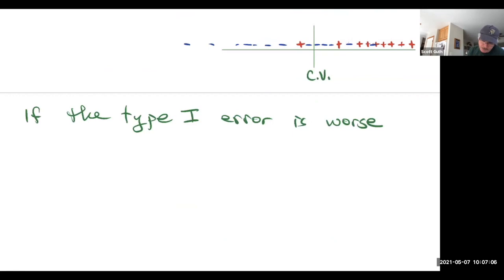So if the type 1 error is worse, pick a small alpha. That would be like a 0.01-ish. I'll say ish, because I don't want to tell you which one.